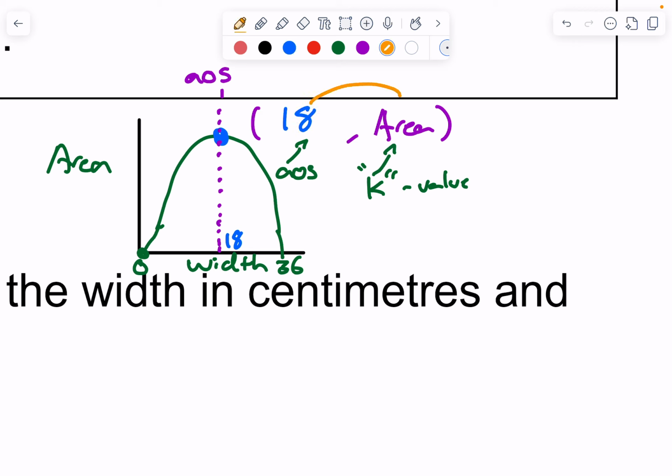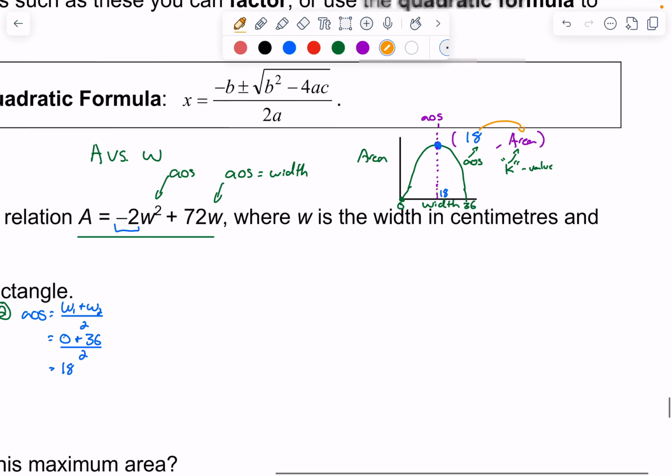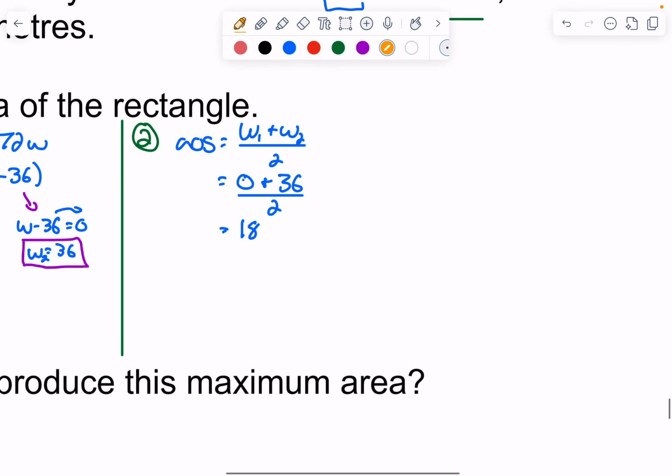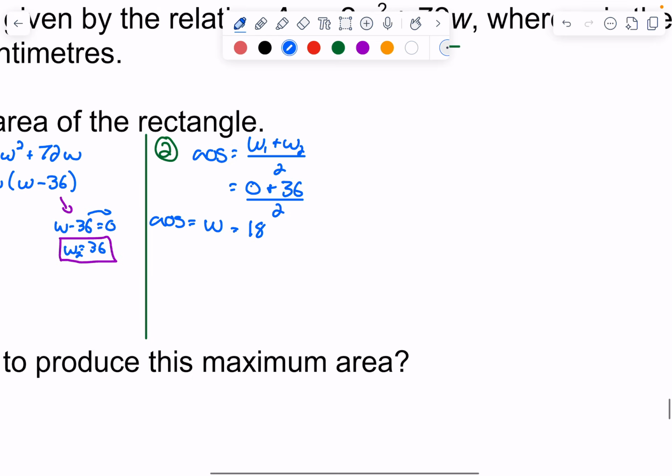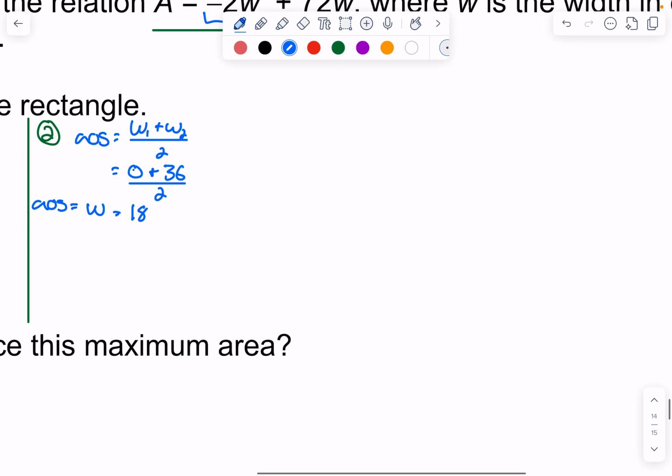Use this value to calculate this, because this is W. This is your axis of symmetry, which we calculated. But remember, that's also your W. It's equal to whatever is on the horizontal axis. So in this case, we're calculating width on the horizontal axis. So that is W equaling 18. All right.